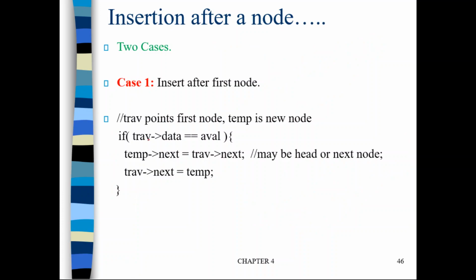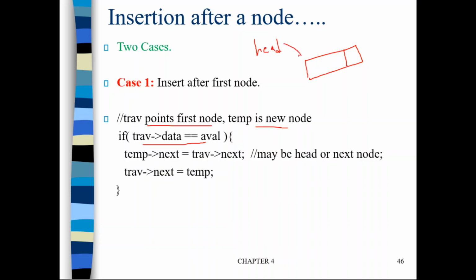So what we do, if traverse arrow data is equal to val, what is traverse, you may ask? Traverse is pointing to the first node, that is, traverse is pointing where head is pointing. So traverse is pointing to the first node and temp is the new node. Let us assume there is only one node.